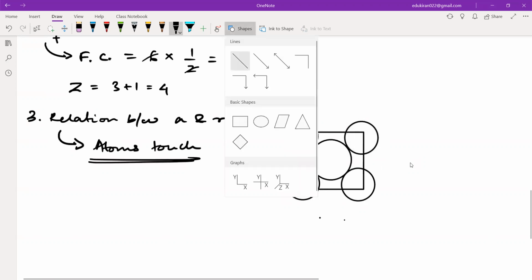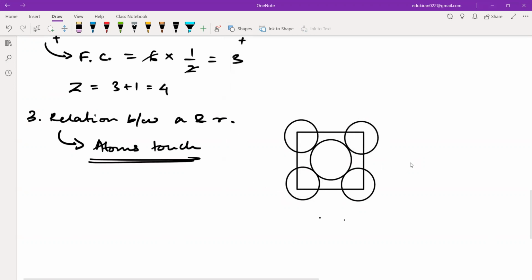Right? And we know the length of this face diagonal is A root 2. This is R, so this is the center. This will be R, and this will also be R. So you can see that the relationship between A and R will be A root 2 is equal to 4R.